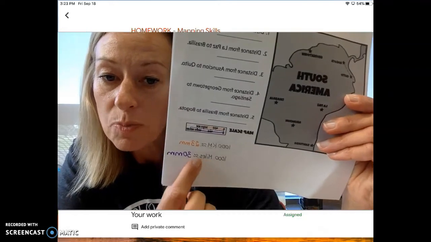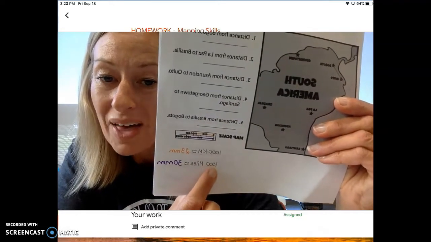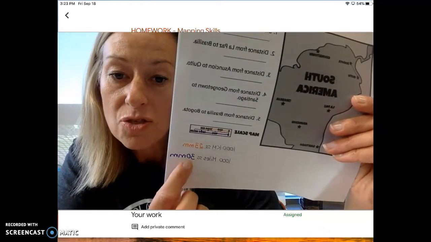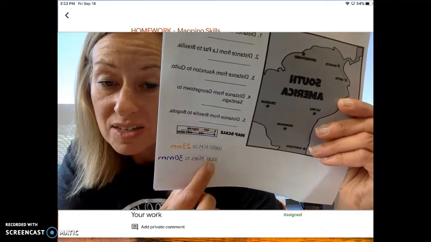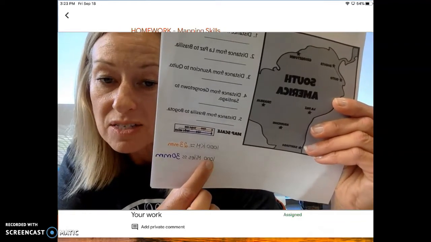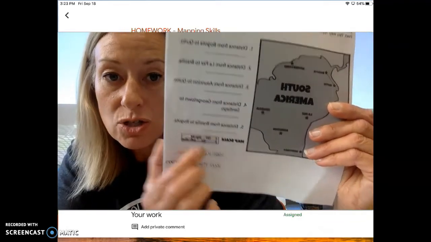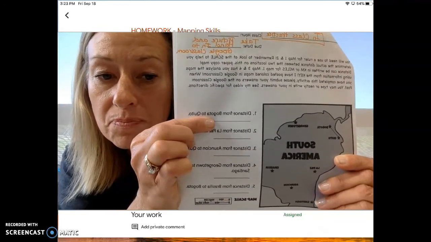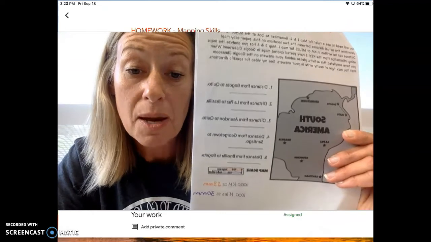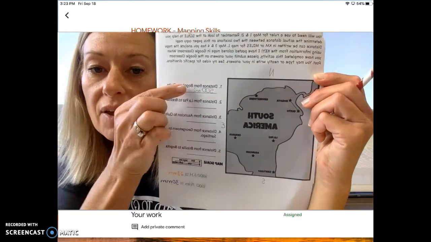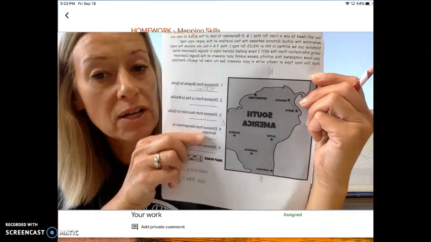So I can use this part down here. So 1,000 miles is 30 millimeters. Well, I had 15, so I want to divide this in half. So half of this is 500. So my answer to number 1 here is 500 miles.